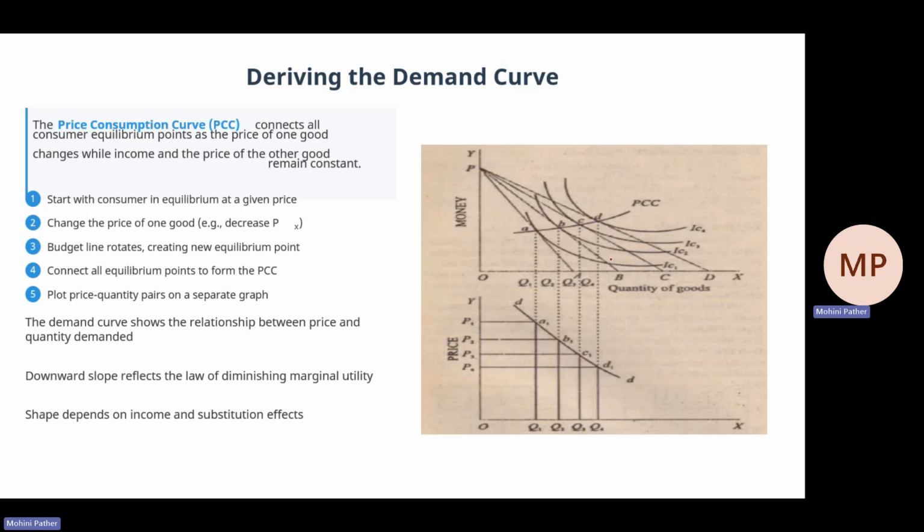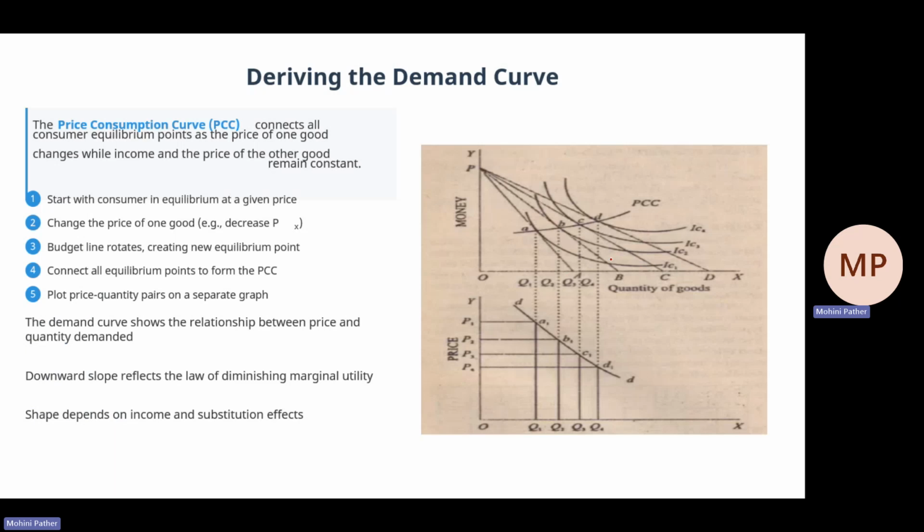Therefore, there is a new equilibrium point where your budget line now meets your new indifference curve. Now, if you connect all of these equilibrium points, you form your PCC, which is your price consumption curve. Your price is now being accounted for in your consumption preferences.